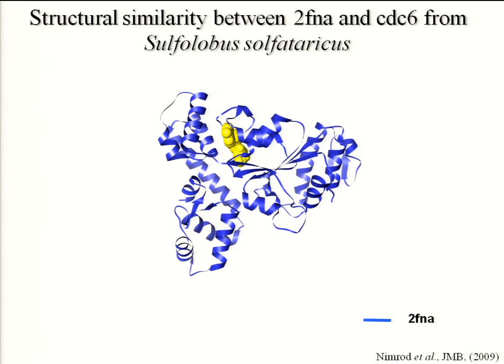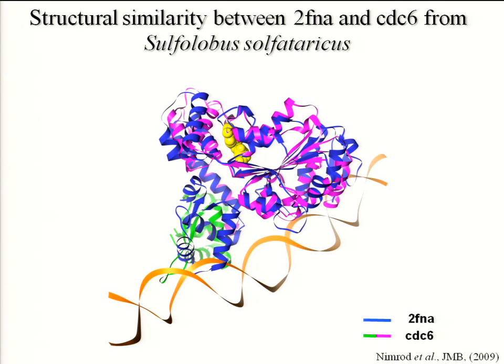He also analyzed specific cases just to make sure that there is something in it, and this is one example, entry 2FNA. You see here it binds a nucleotide, and we believe that here it binds DNA. You will see it in a minute. So when he looked in other resources, he found global similarity.